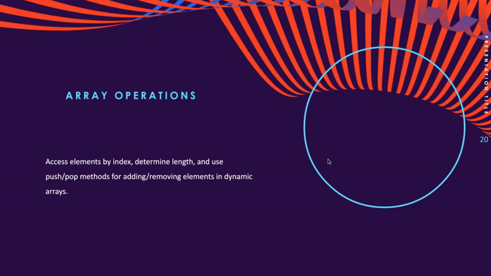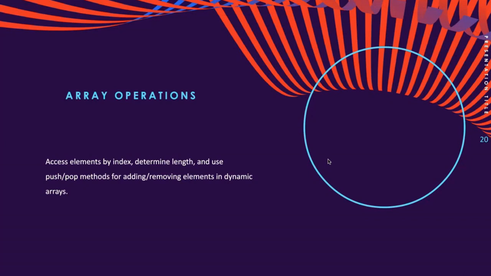Now that we talked about array declarations, let's talk a little bit about the operations we can do on arrays. Array elements can be accessed by their index. To access the ith element of an array, one would use the i-1th index.